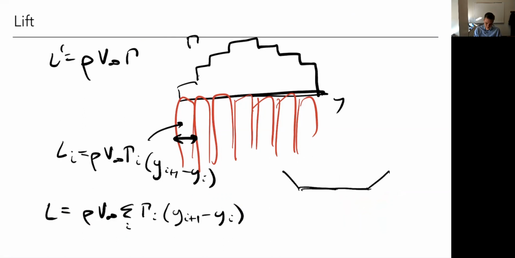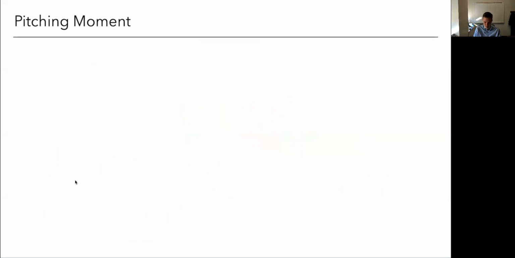My circulation on this winglet is also canted inward. So not all of it contributes to lift. Only a portion contributes to the lift. But it turns out that portion, if I take the cosine of the angle, is exactly what this gives me. It's just this y distance here. So although we derived this really simply, it also works for cases of sweep and dihedral. And again, take a look in the book if you want to see that in a little more detail.